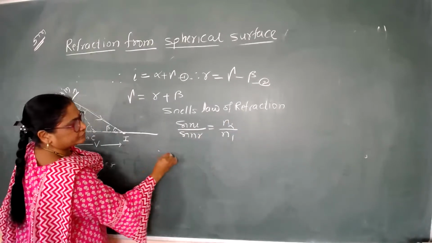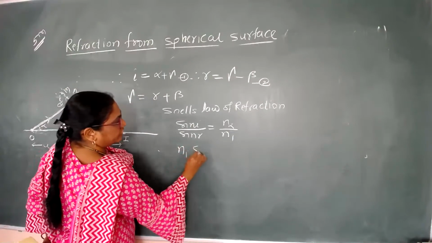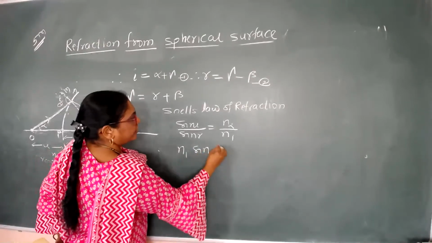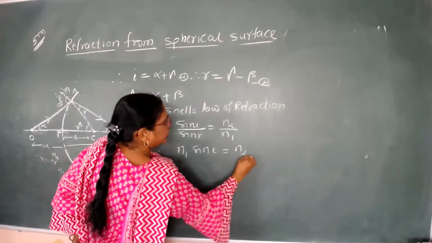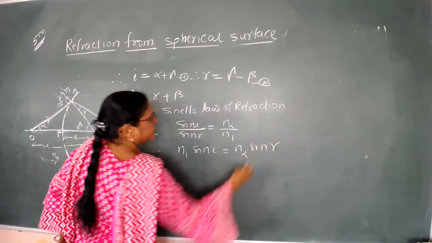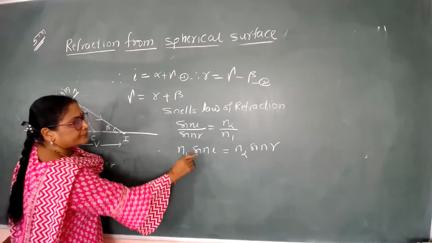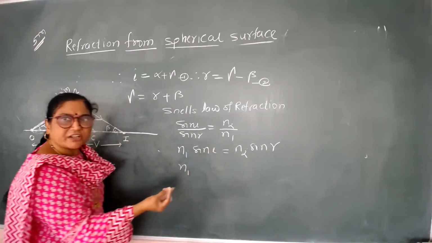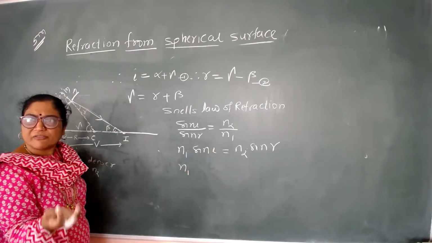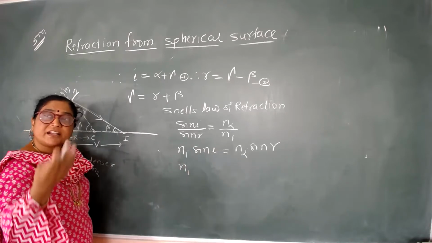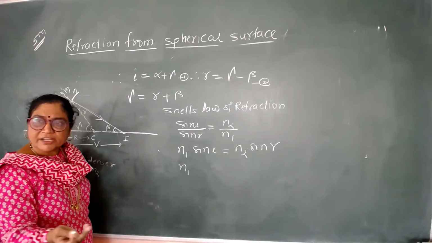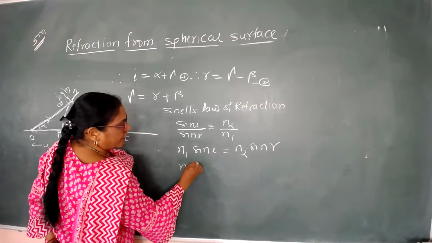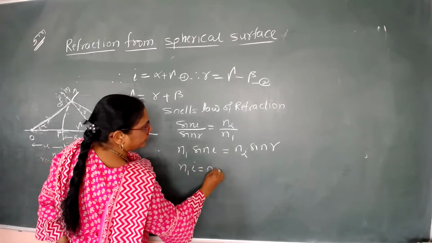Therefore n1 sin i is equal to n2 sin r. Since the angles are small, sin i is nearly equal to i, and sin r is nearly equal to r. So n1 into i is equal to n2 into r.